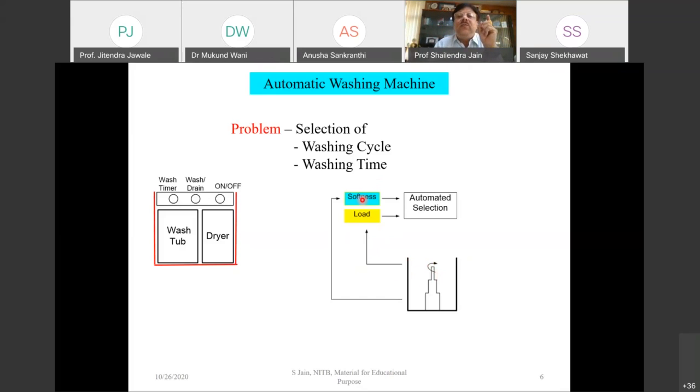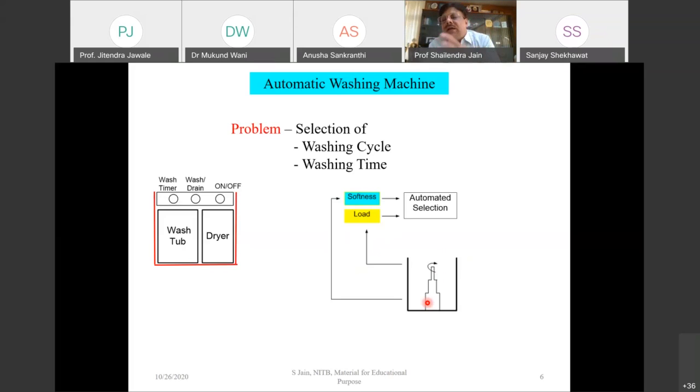Then the second input is softness of the cloths used. What type of cloths you are using, isn't it? You might have seen, there is a cloth wash available known as EG. EG is generally used to wash the woolen cloths, soft wash, isn't it? That is much more expensive.